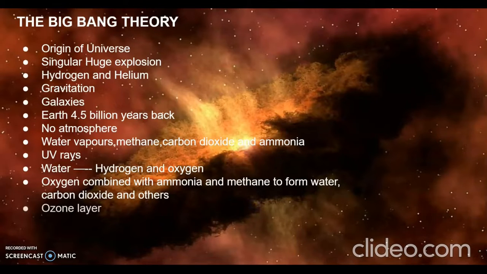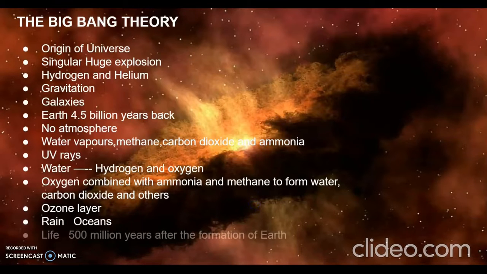So the ozone layer was formed, and as it cooled, the water vapors fell as rain to fill the depressions and form oceans, and life appeared about 500 million years after the formation of the earth, that is almost about 4 billion years back.